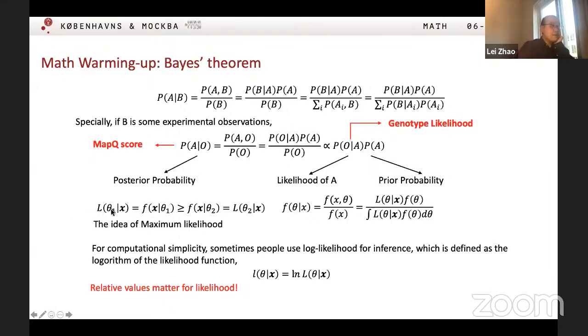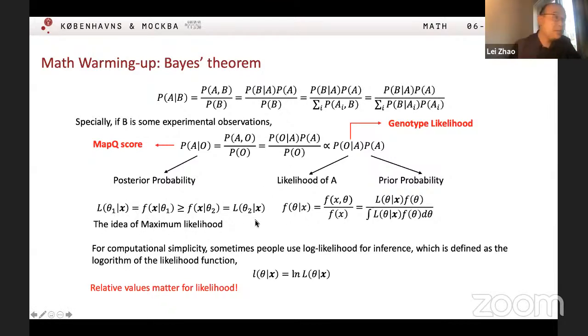And we just compare the values of two likelihood functions. If theta 1 gives you a larger likelihood compared with theta 2, that means the parameter setting theta 1 can better explain the observation. So this is the basic idea of maximum likelihood.